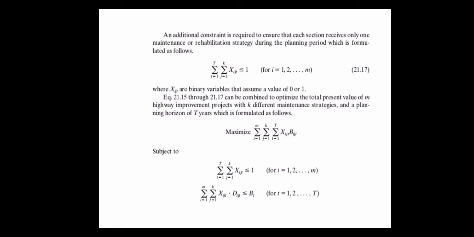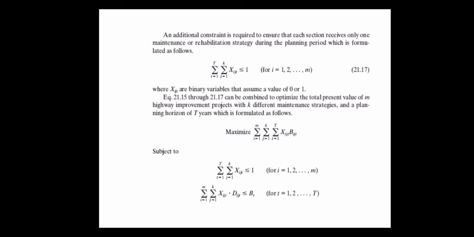An additional constraint is required to ensure that each section receives only one maintenance or rehabilitation strategy during the planning period, which is formulated as follows, where xijt are binary variables that assume a value of 0 or 1.